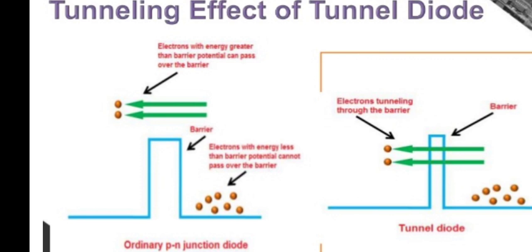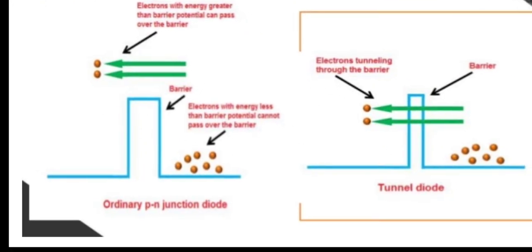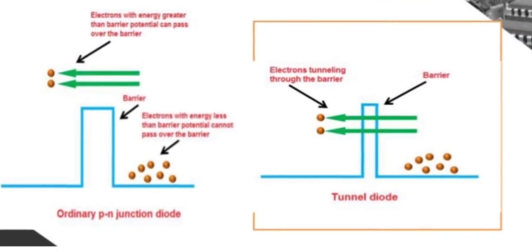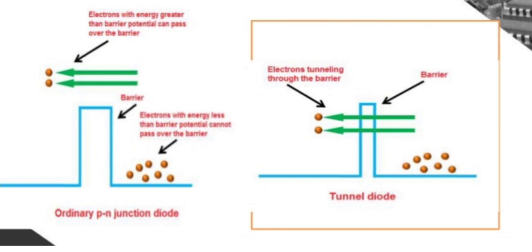If the electron energy is less than the potential barrier, it cannot pass. See here in the first diagram, this is the ordinary p-n junction diode. In the tunnel diode, the electrons tunnel through the barrier, meaning the barrier is there, but the electrons tunnel through it. Very little energy is required to pass the barrier. This is the tunnel diode, and this is the diagrammatic effect of tunneling.